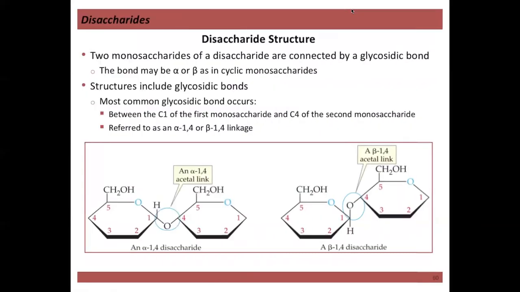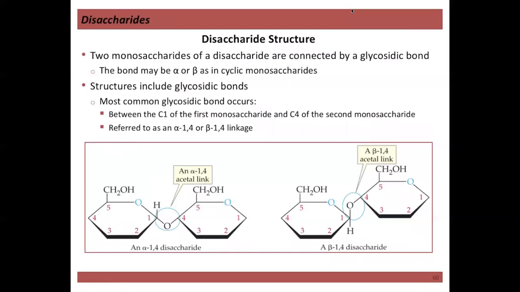Okay, let's look at a few more of these. A disaccharide is two sugars hooked together through a glycosidic bond. And as we mentioned before, we can classify that bond based on the type of linkage. There are essentially three parts to this linkage.